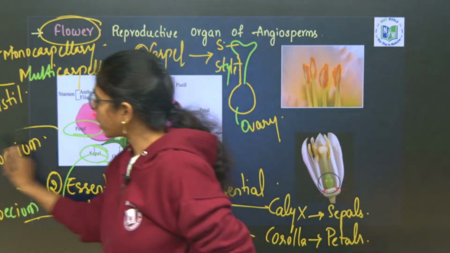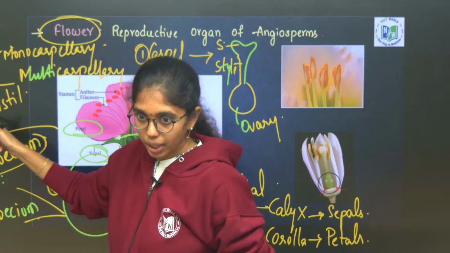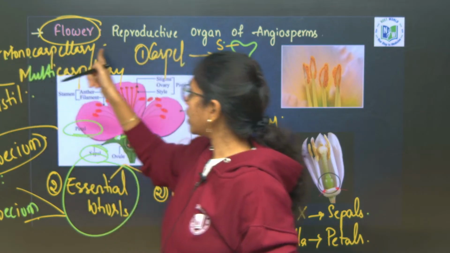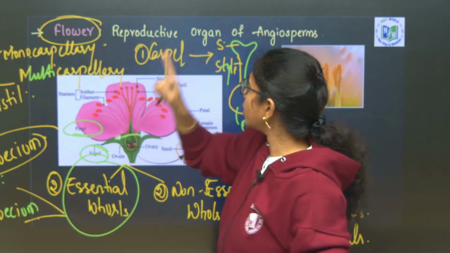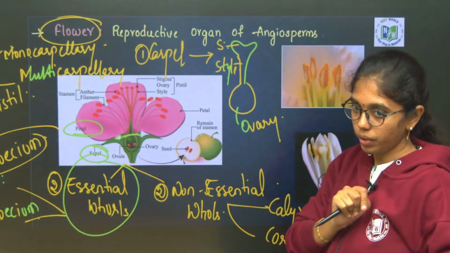Female reproductive organ is what? Gynoecium. Gynoecium is represented by pistil. Pistil can be monocarpellary or multicarpellary. A single carpel unit consists of stigma, style and ovary.